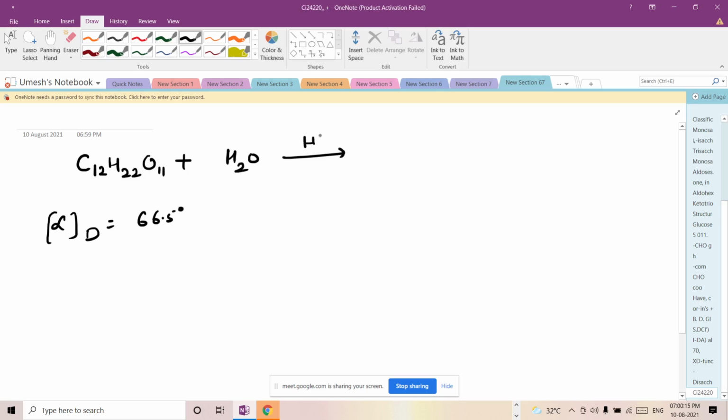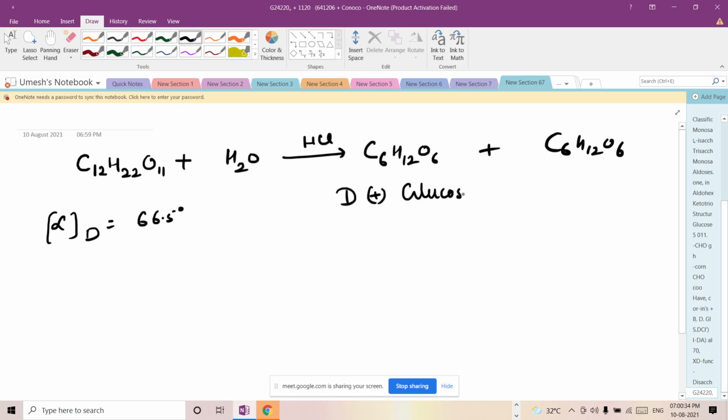When dissolved in HCl, basically we're doing the hydrolysis, it gives C6H12O6 and C6H12O6. This is D plus glucose, which gives a positive 52.5 degrees specific rotation. And this is the D minus fructose.